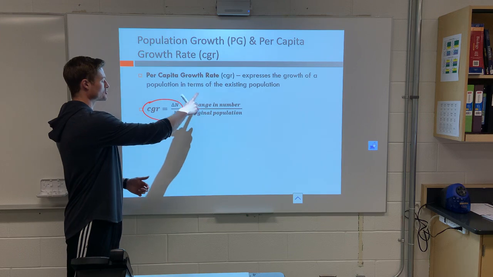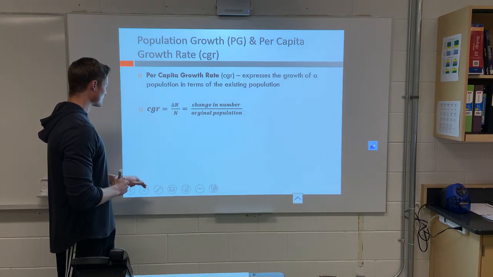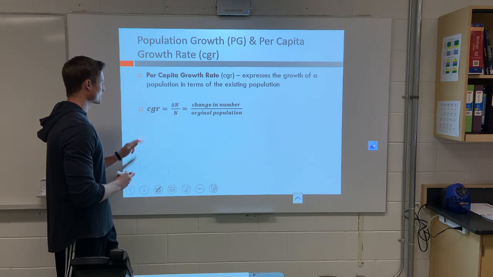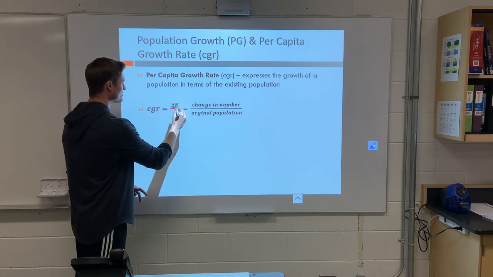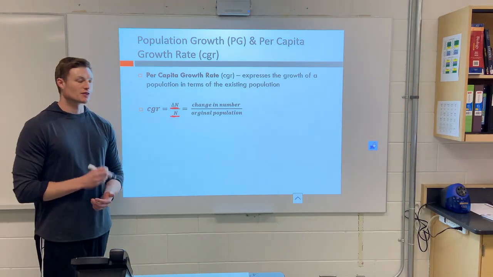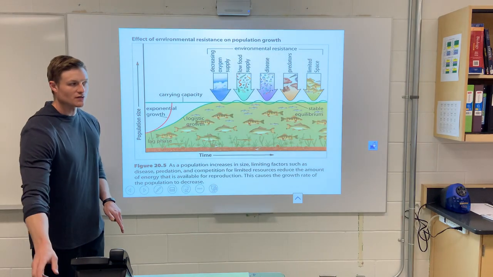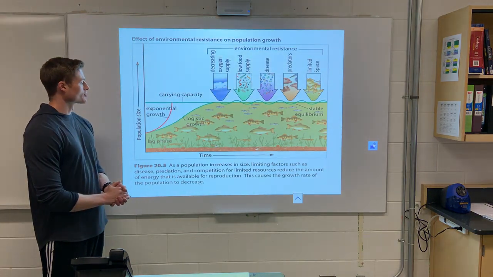So you're taking the change and dividing it by the original, and you have your per capita growth rate. Now, there are some factors that will obviously affect the population's ability to grow.